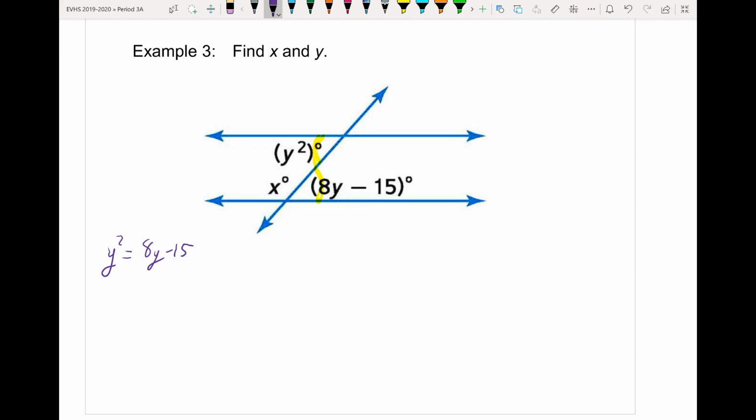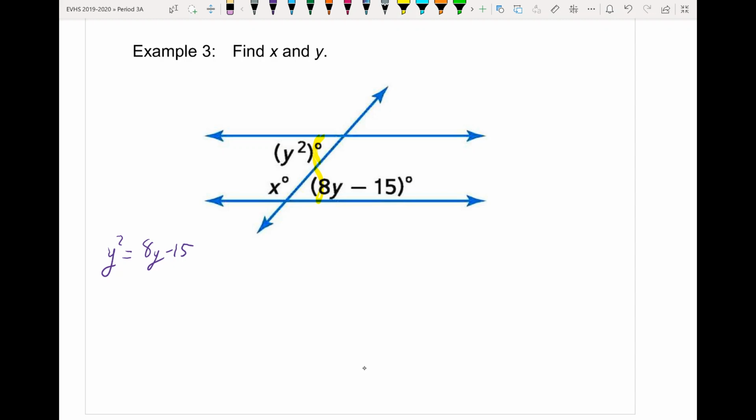Now, back when you were in Algebra 1, you were given several methods of solving equations that have x squared or y squared in them. Those usually included something like this, where you would graph it and see the place where you got the zeros, where it crosses the x-axis. Oh, we did that on the calculator. Yeah, you do that on a calculator sometimes. We're not going to do that today.